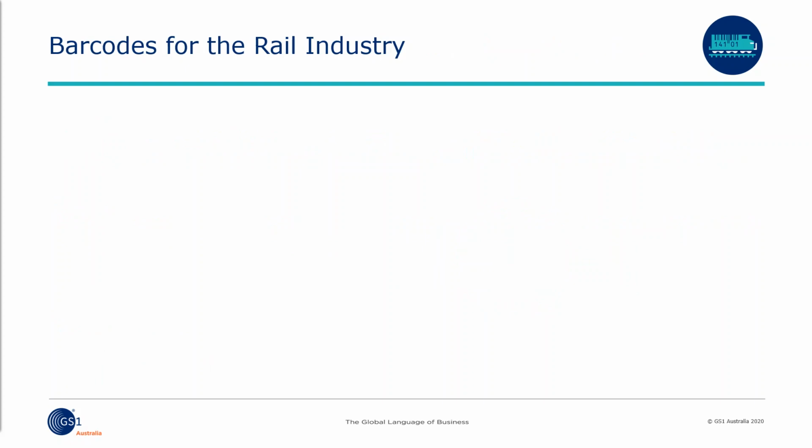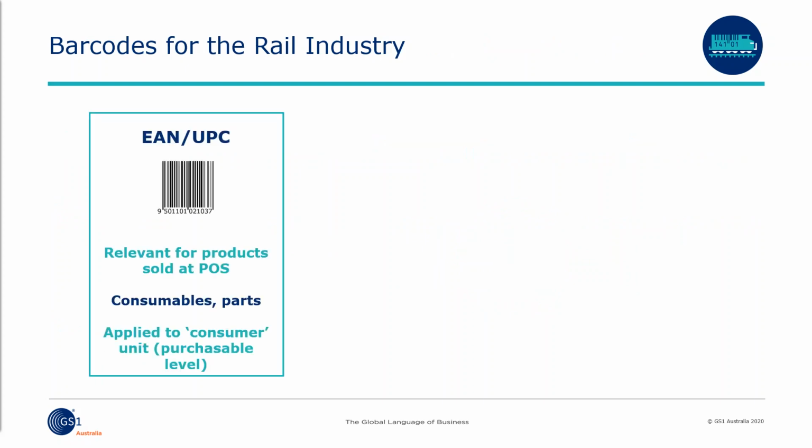Out of all the GS1 barcodes, there are three that are most likely to be suitable for suppliers to the rail industry. EAN or UPC linear barcodes are most commonly seen in retail at point-of-sale environments. This could include products that are ranged by retail stores, products of a consumable nature more so.